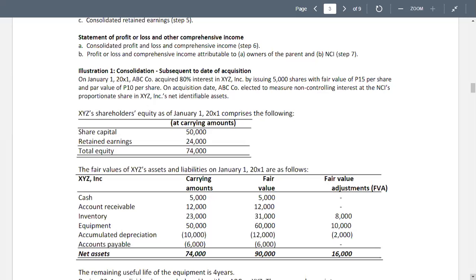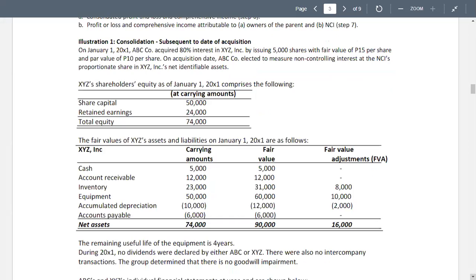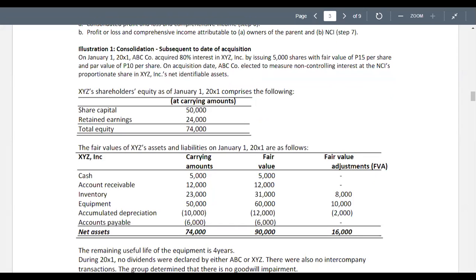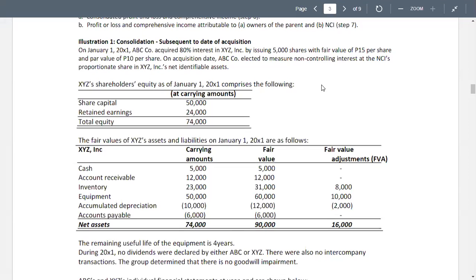Okay, will you take note of the amounts that we will be using in the succeeding illustrations? So again, inventory undervaluation 8,000, equipment undervaluation 10,000, and then accumulated depreciation is also understated by the amount of 2,000. So we have now your fair value adjustments of 16,000.